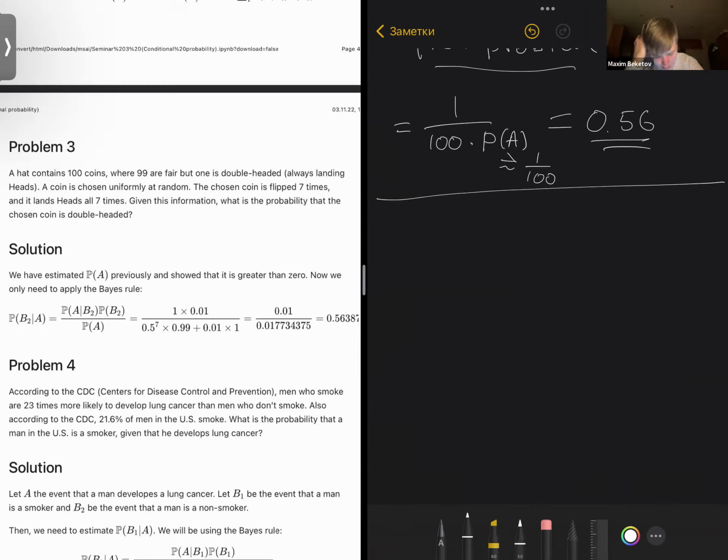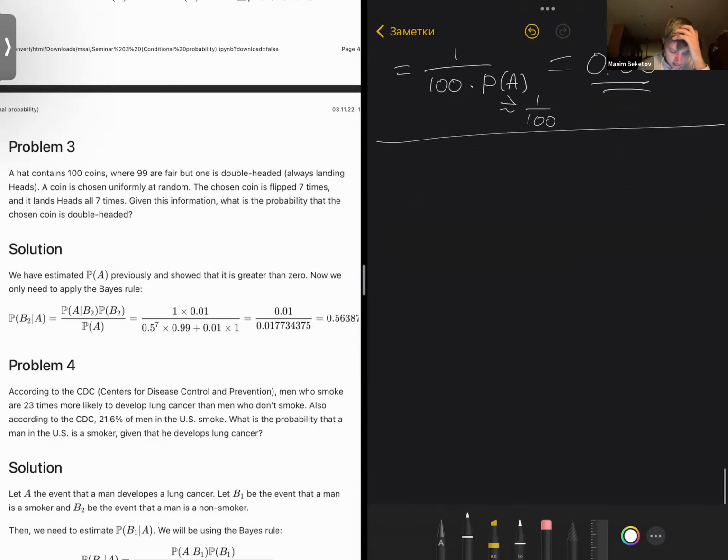According to some data from the United States, if a man is smoking, then he is 23 times more likely to develop lung cancer than if he does not smoke, which is a huge number, right? It is an order of magnitude larger. It's a very big factor, right? So the lesson is don't smoke. It's bad for your health.